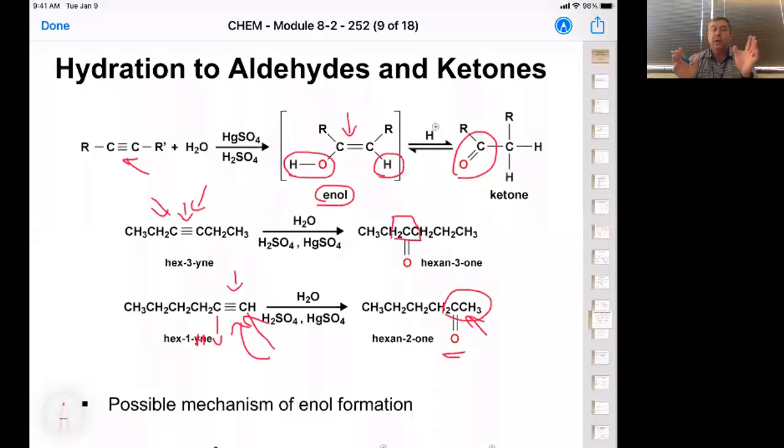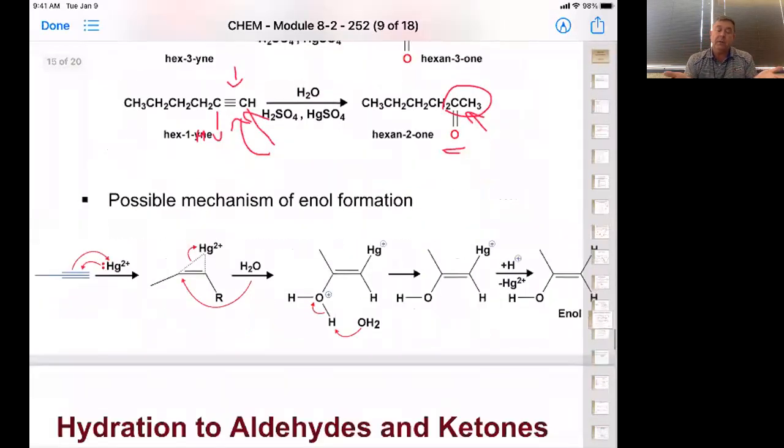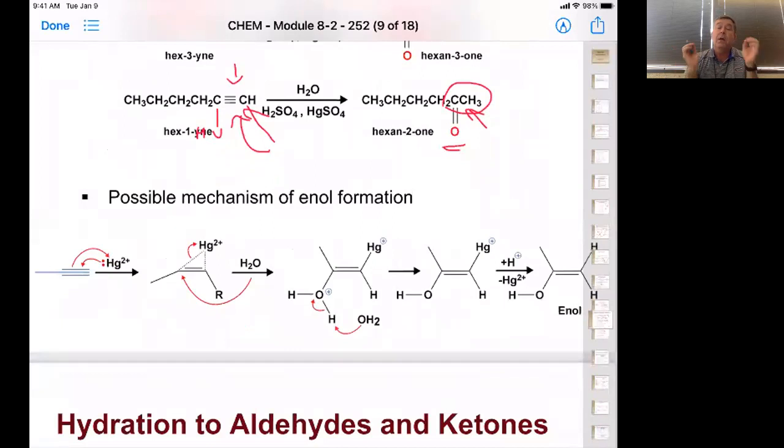Okay, so what does that seem to look like? Well, this seems to look like the regular addition of water, but mercury's helping mediate it. Mercury is less electronegative than carbon, and so it's going to carry more of a positive charge.